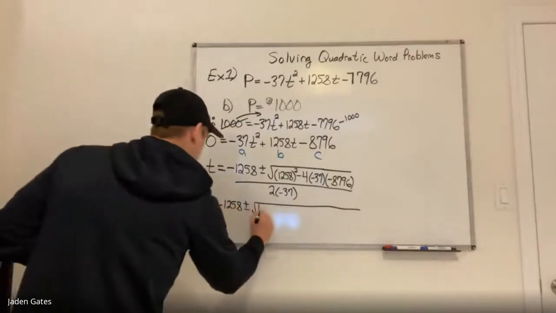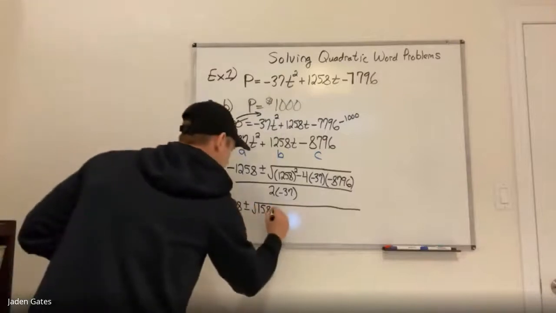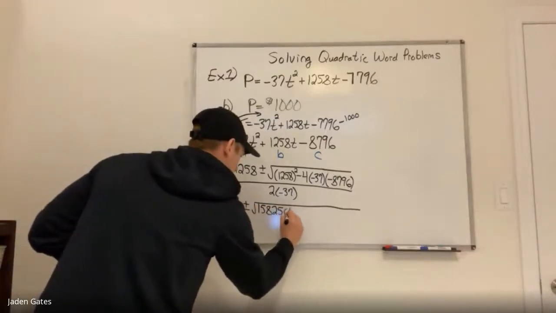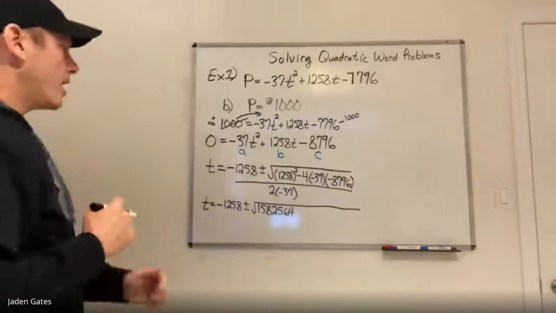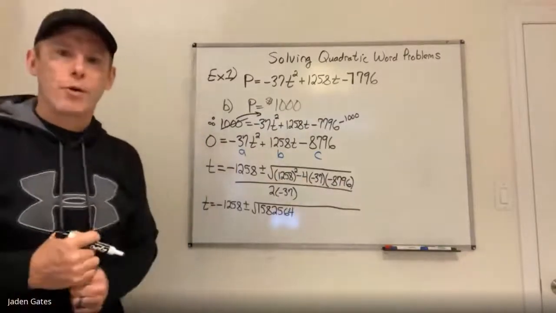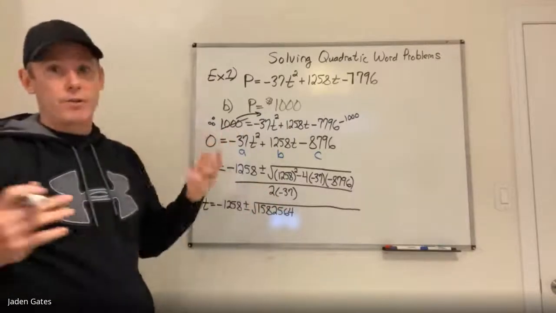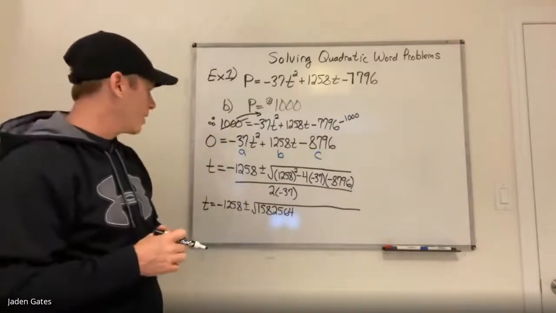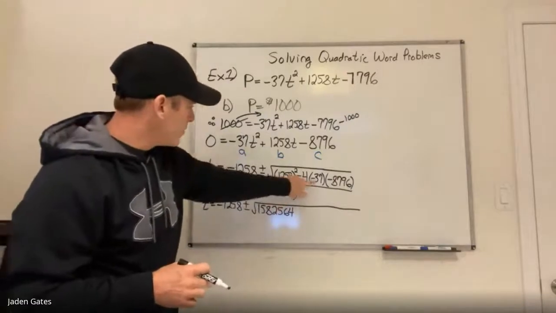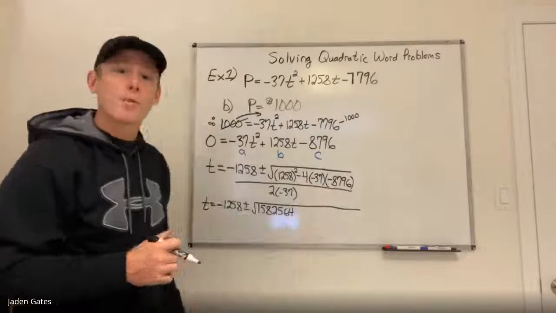So I got 1,582,564. Now, again, this is something I mentioned. Underneath the square root sign of the quadratic formula, a lot of people struggle with the sign, not getting the numbers, just the sign. And obviously, if you don't get the sign right, it makes everything look really off. So I got a negative times a negative. That's positive. Times another negative. So it's going to be minus.